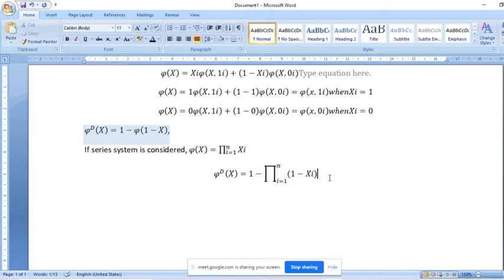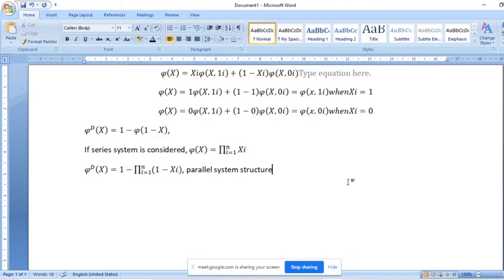This is exactly the structure function of a parallel system.